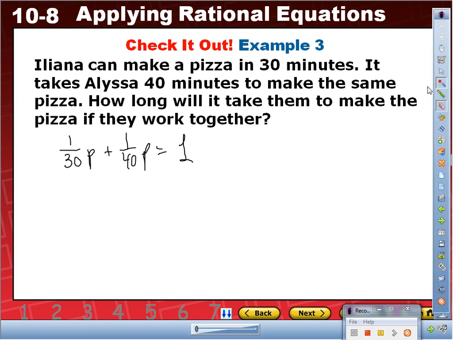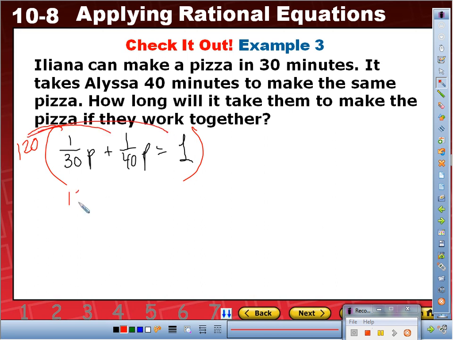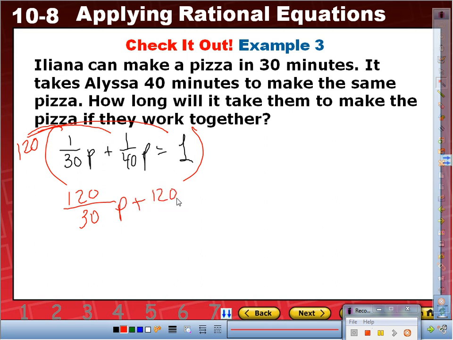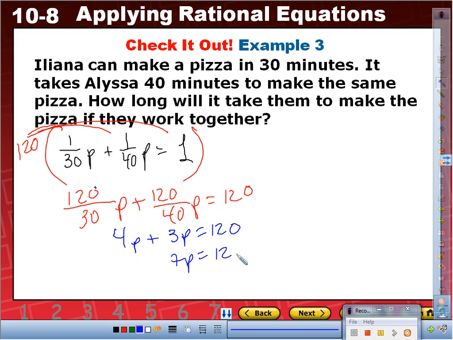Boom. Remember that? So this fits in there, 4p plus 3p equals 120. 7p equals 120.